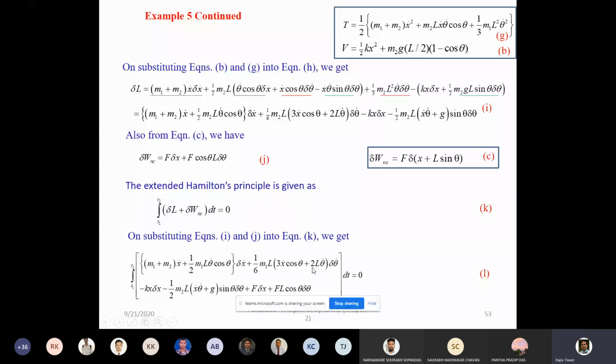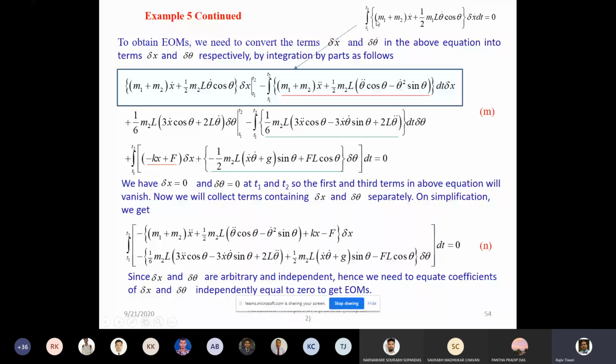So this is the first term, which is having integration with respect to time only. Because it is a discrete system, we don't have the integration with respect to x. So integration by part. So this is the first part and this is the second part. So first part as it is, then the integration of the second part, limit t1 to t2, minus differentiation of the first term.